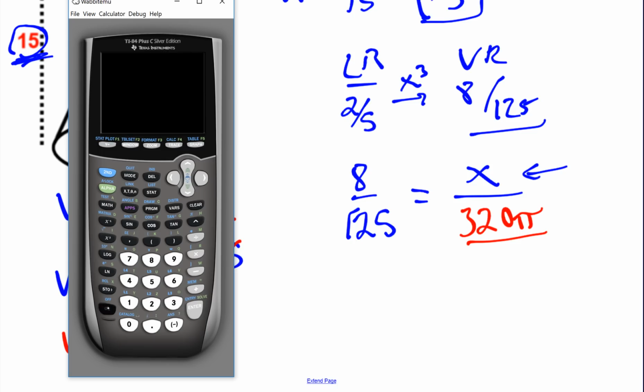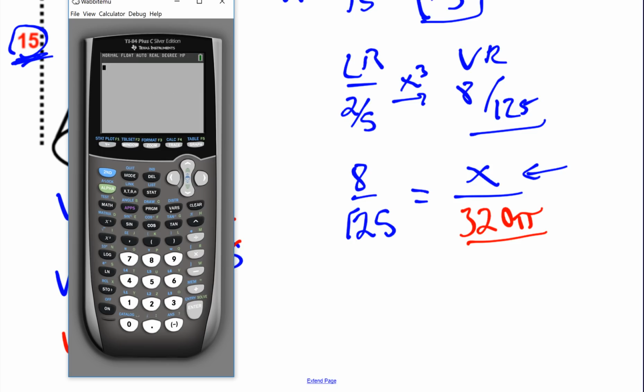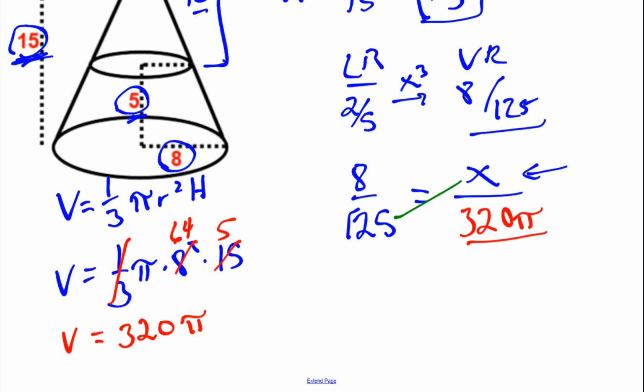So we'll do some calculations now. Obviously, when we cross multiply here, that gives me 125x. And as I cross multiply here, that's going to give me 2,560 times pi. I just did the 320 times 8 for right now.